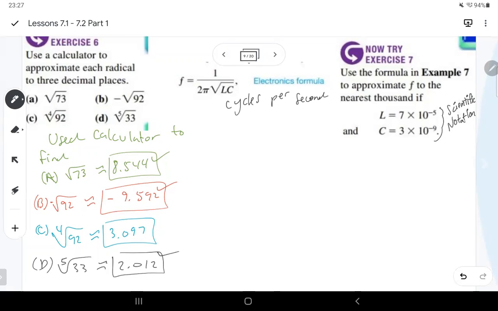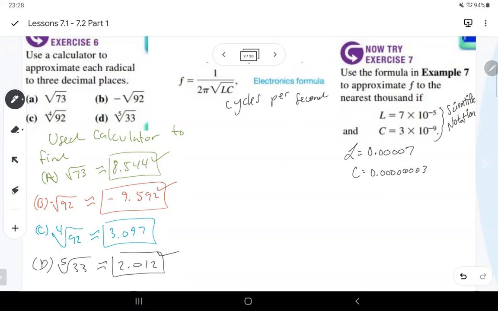So I would rewrite them. I would do L equal to 0.12345 and C equal to 1, 2, 3, 4, 5, 6, 7, 8, 9.